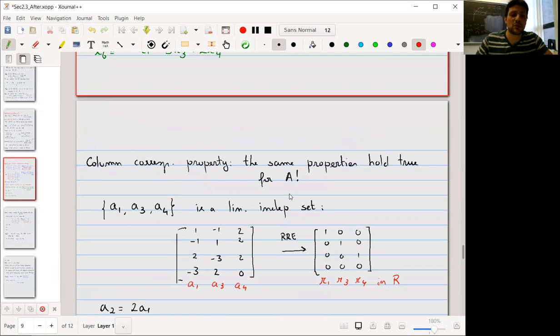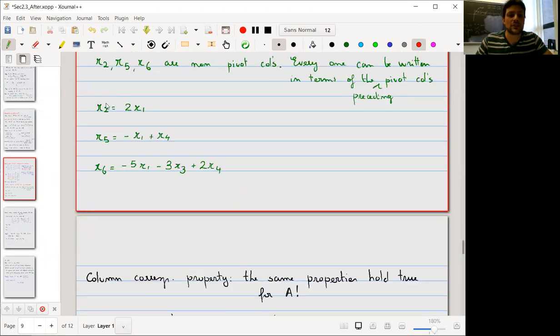But something that is even more astonishing is that these relations here will survive.